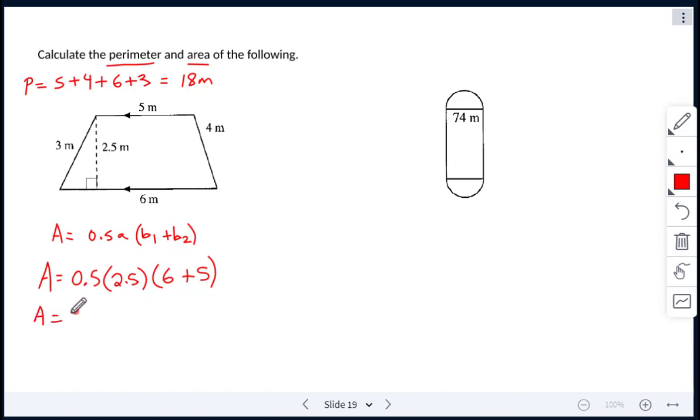So we'll just rewrite everything out. So 0.5 times 2.5, and then 6 plus 5 is 11. All right, so now we are just multiplying this out. So 0.5 times 2.5 times 11, and we'll get our area of 13.75 meters squared.